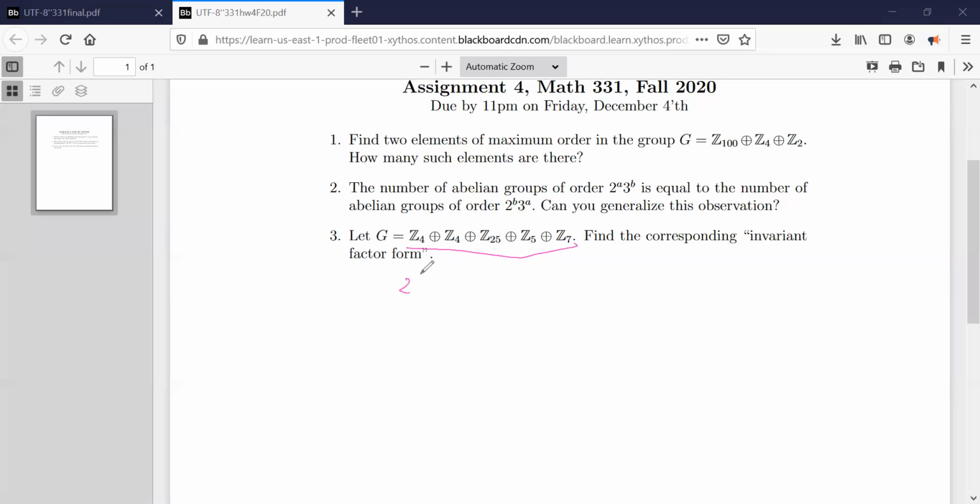So if we line up these guys, what do we get? This is 2 squared, this is 2 squared, this is 5 squared, then we get 5, and then we get 7, right?